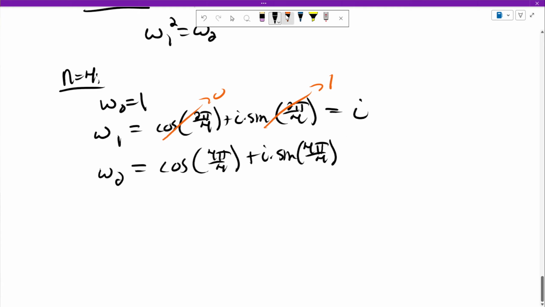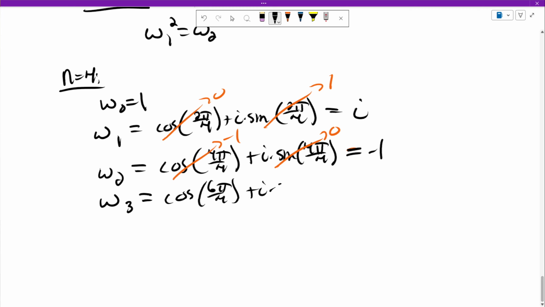Now that's a pi. Cosine of pi is -1. Sine of pi is 0. So we get -1 in this case. And then W3 is cosine 6 pi over 4 plus I sine 6 pi over 4. 6 pi over 4 is 3 pi halves, and that's 0. That's -1, and we get -I.